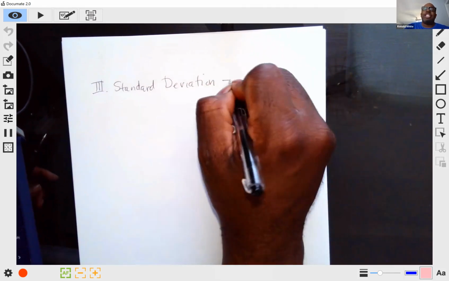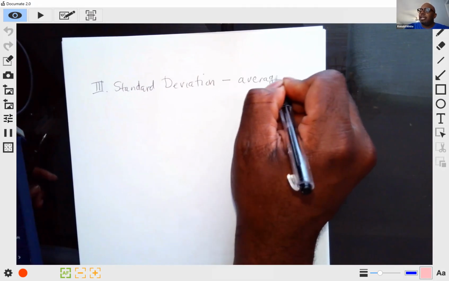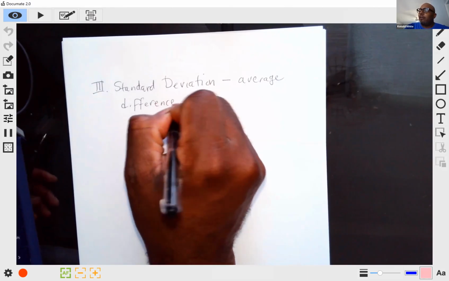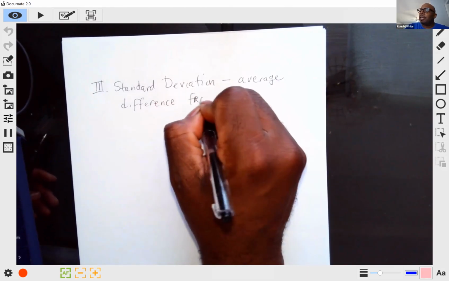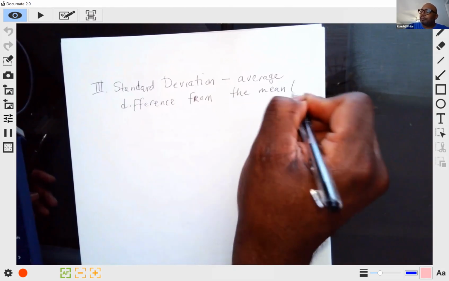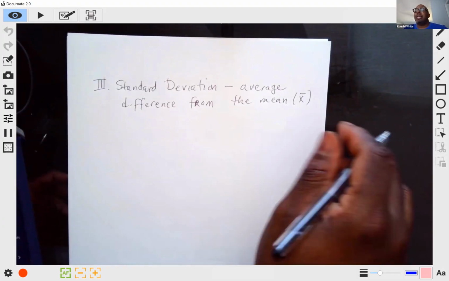The standard deviation represents the average difference from the mean, that is X bar or mu. Remember, mu is the mean of the population.